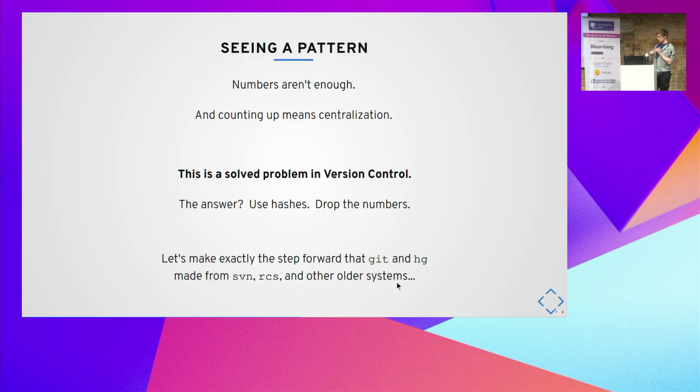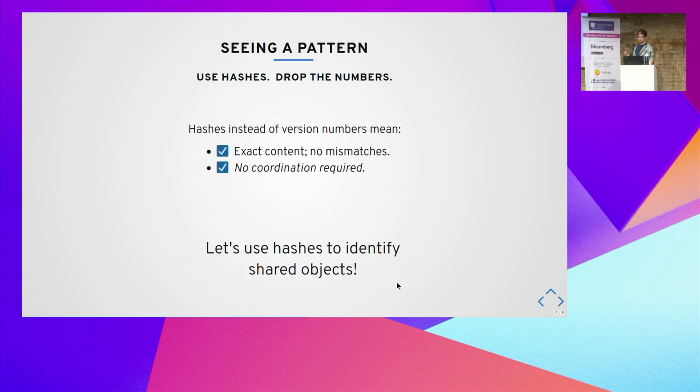SVN, it's gone. The answer in version control was stop using numbers, start using hashes. And since we've had that essential lesson, we have Git and Mercurial, DCVS. There are several other ones as well. Git kind of took over the world. But all modern version control systems, in essence, use hashes because they solve problems.